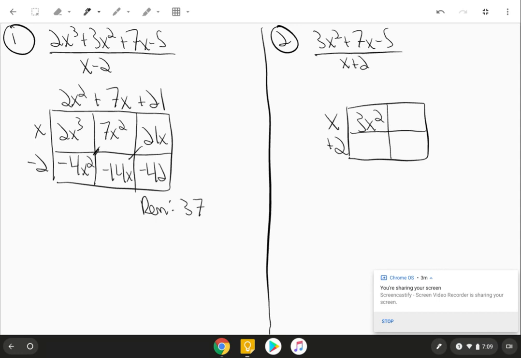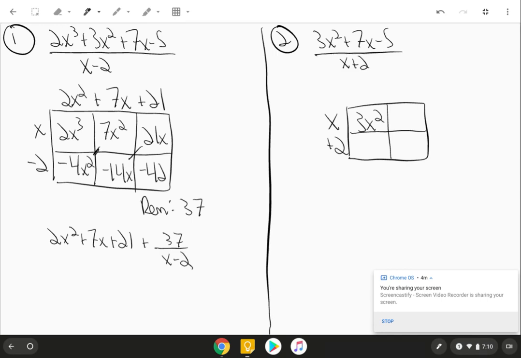So my remainder is positive 37. So my answer when I divide is 2x squared plus 7x plus 21 plus 37 over x minus 2.